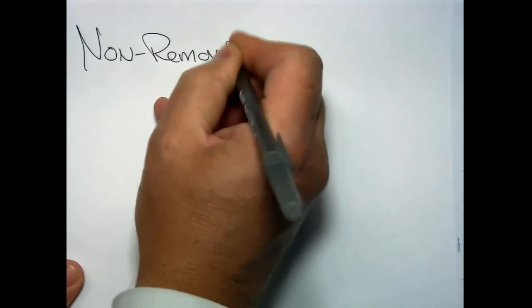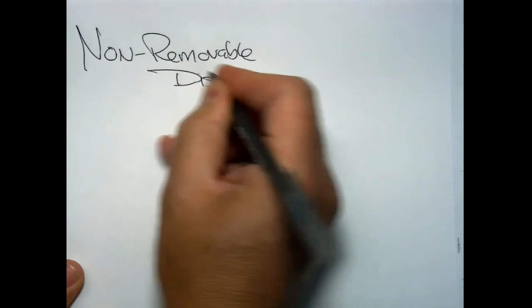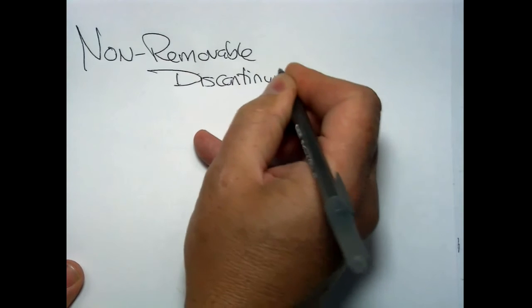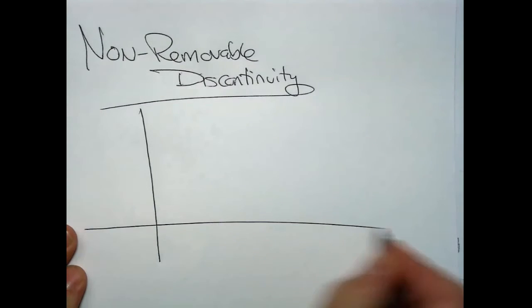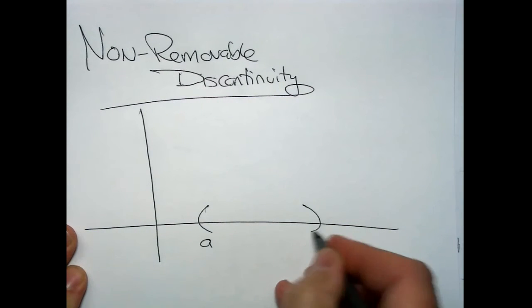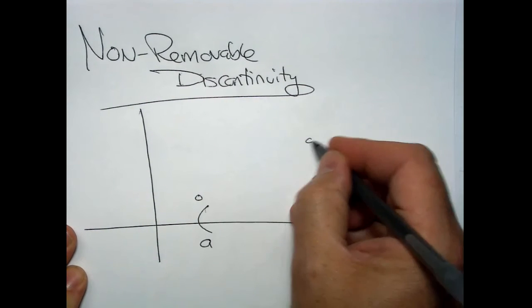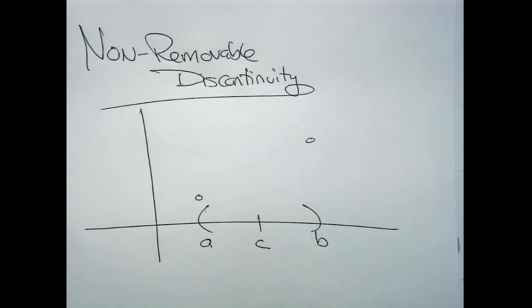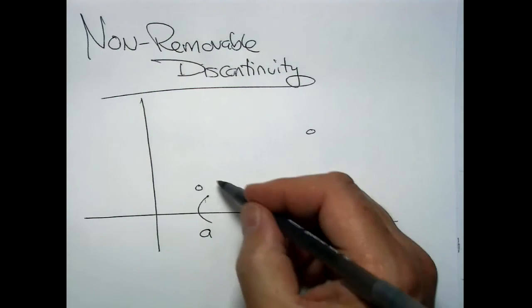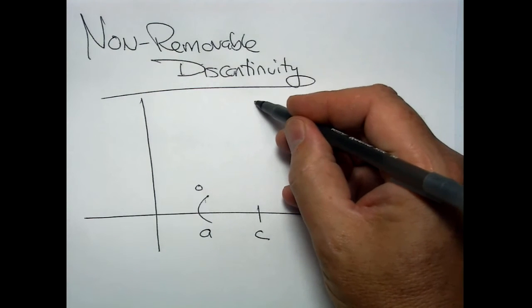Now I want to discuss what is referred to as a non-removable discontinuity. This is what it looks like to be non-removable. If you're over here on an open interval a and b, again, we're at x equals c, and that's where we want to evaluate our limit. What if the curve looks something like this?